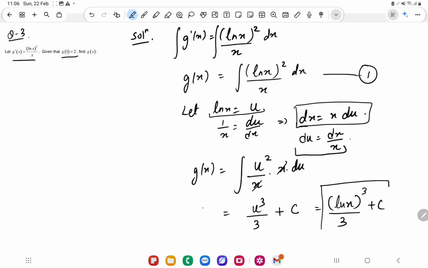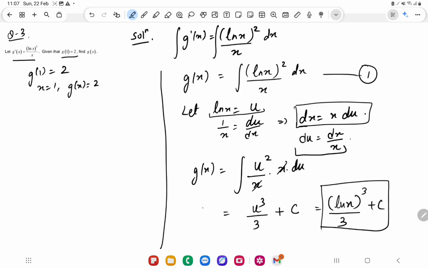So I got my g(x) as (ln x) whole cube by 3 plus c. Now I will be using this condition, which is g(1) equals 2, in my answer. It means if I substitute x as 1, I will get the answer as 2. So for x equals 1, my g(x) will be 2.